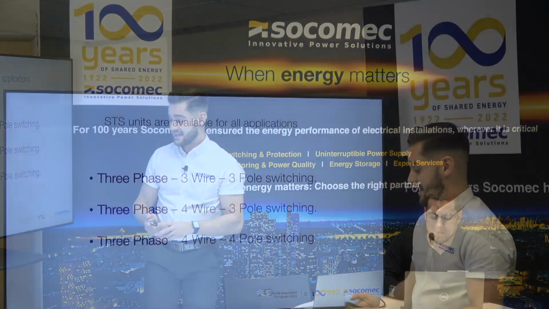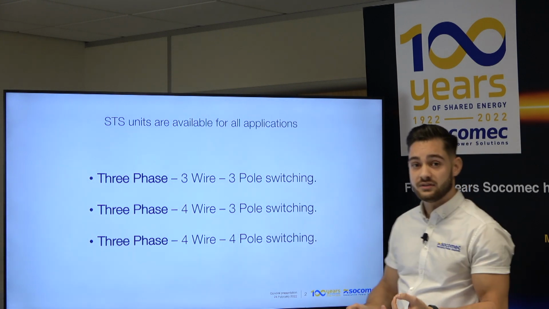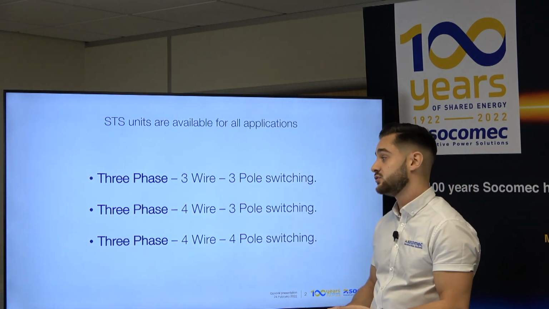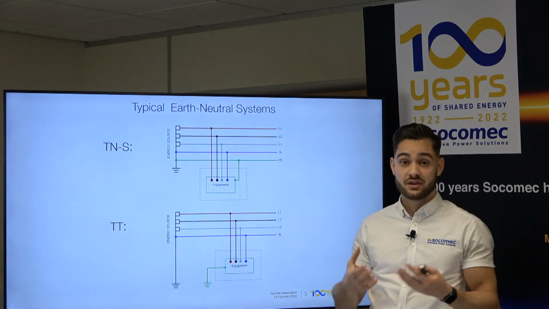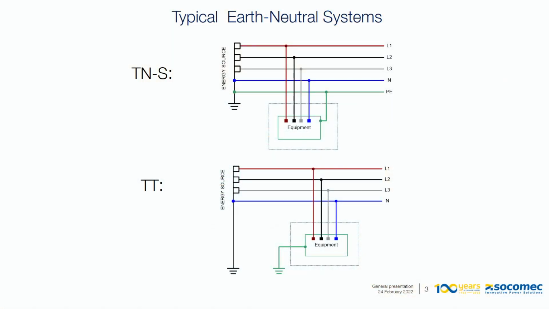100%, yeah. A really key point to understand is the earth and neutral system installed in your application. As you probably know, there are about 3-4 main earth and neutral systems. Let's start with the first one, which is TN-S.